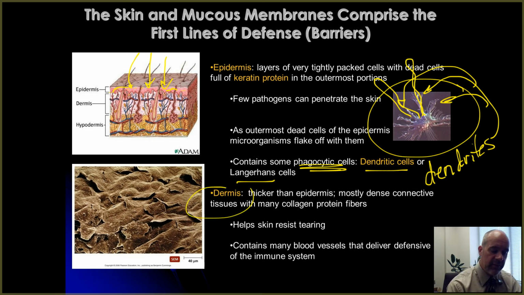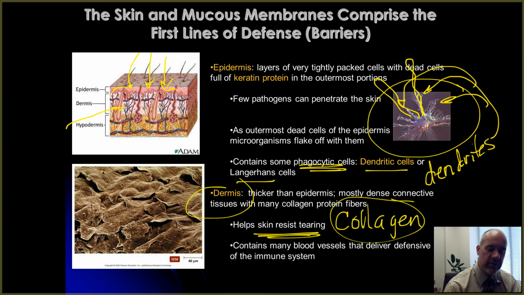Your dermis does have some properties that help make it a barrier to microbes entering. Hopefully you see over here on this skin chunk diagram all the light pink color. Hopefully you remember that consists of dense irregular connective tissue, which is full of collagen fibers. And collagen fibers have tensile strength, so that when you pull on your skin, you can't just rip off a skin chunk really easily.